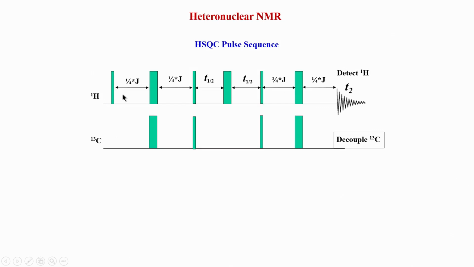We also saw COSY and TOCSY for 2D, and they were relatively simple. In fact, NOESY had only 90-degree pulses, but HSQC now looks pretty complicated. But once you start practicing how to analyze these pulse sequences, it will become easy. This is something we cannot learn within a day or two.